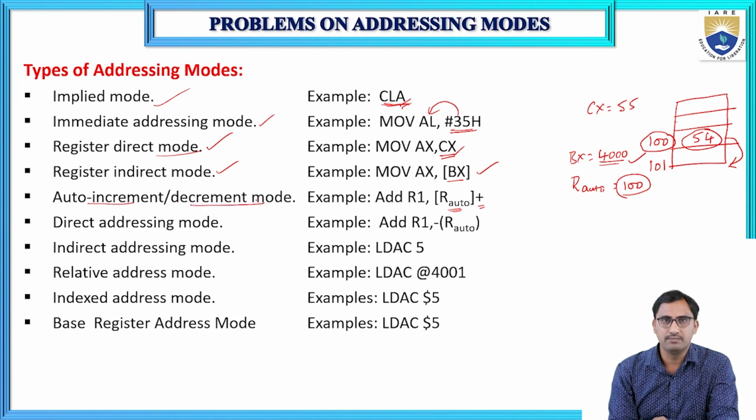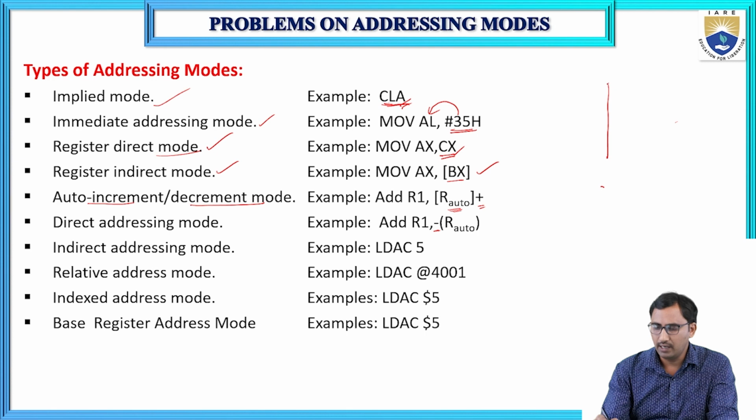Similarly, auto decrement. Here the minus is specified before the register in the instruction. That means initially we are decrementing the register content, then we are accessing the operand. See here, suppose we have a memory like this. Suppose R auto is equal to 100.